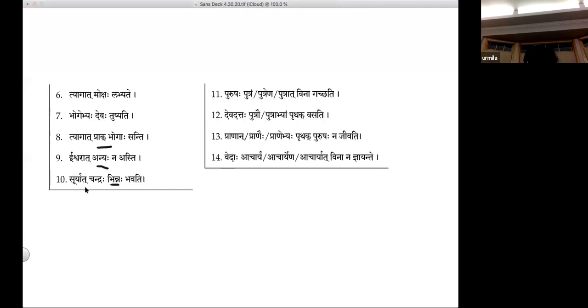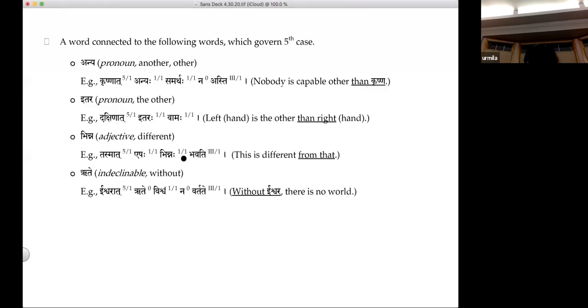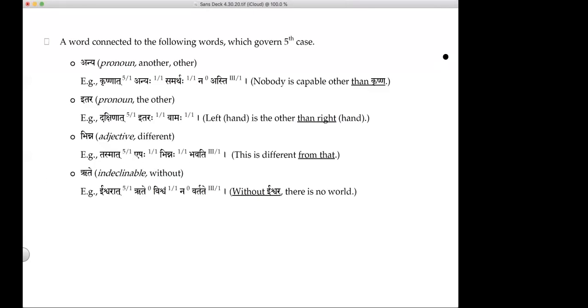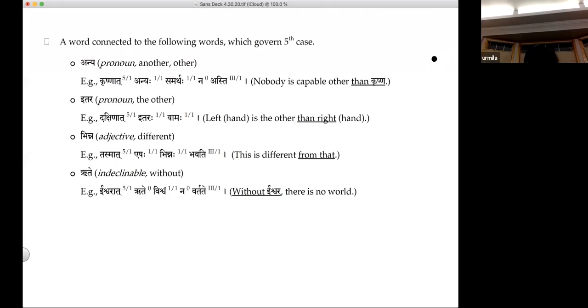Does it refer to tasmat or eshaha? How do I figure that out? Oh, this was in the examples there? Yeah. Tasmat esha bhinna bhavati. The question is, because eshaha is in 1-1, is that why it doesn't connect with bhinnaha? I'm wondering, bhinnaha connects with, in other words, this is different from that. Why can't it be that is different from this?